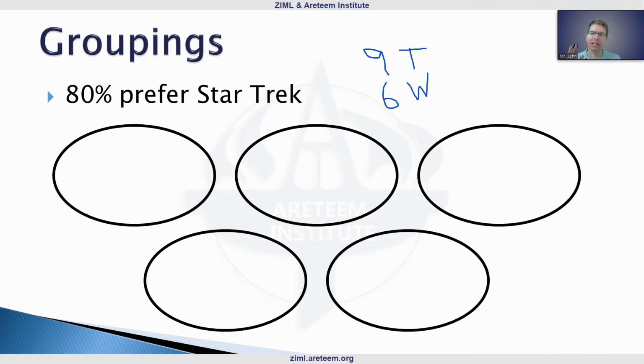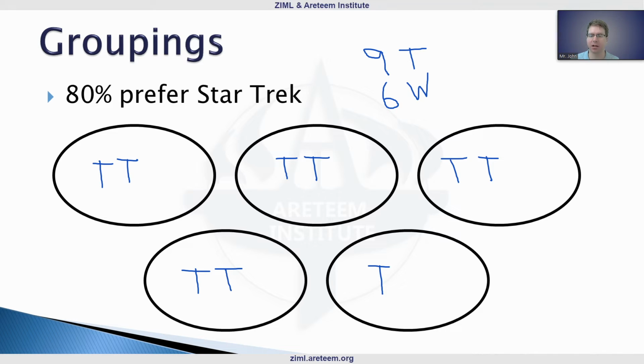This is how the groupings can be manipulated a little bit. So what happens if we put 2 people that prefer Star Trek in a bunch of groups? Here we're dominating as many groups as possible with a majority. So here is our 80%.